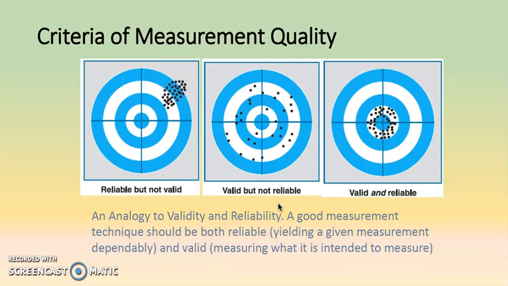They're far from the truth, but they're grouped together, so they're reliable. The second one, they're kind of all over the place, but they're closer to the truth than in the first one. And then we go to the far right, and they're grouped together and close to the bullseye. They're both valid and reliable. So as researchers, we care about both reliability and validity.